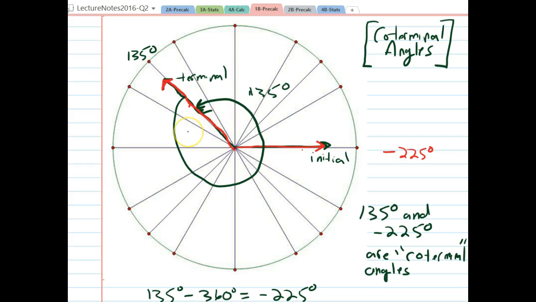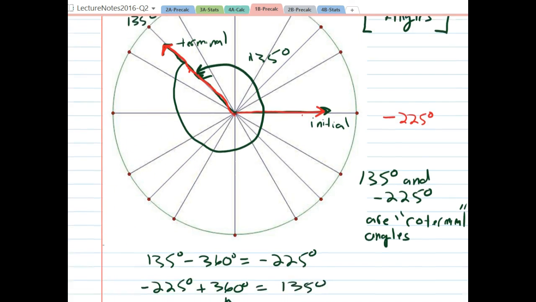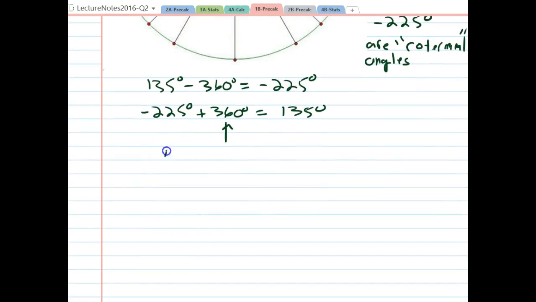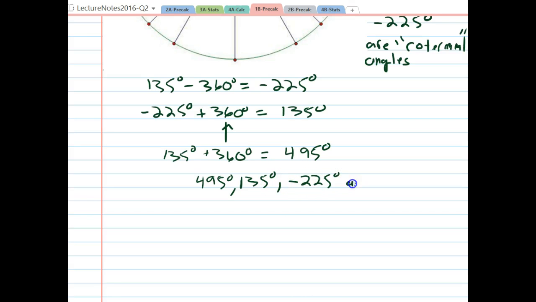And so unless you saw the rotation occur, you would not be able to differentiate which was the 135 degree angle and which was the 135 plus 360 degrees angle. And when we add those together, we get 495. So we can say that 495 and 135 and negative 225, they're all coterminal.